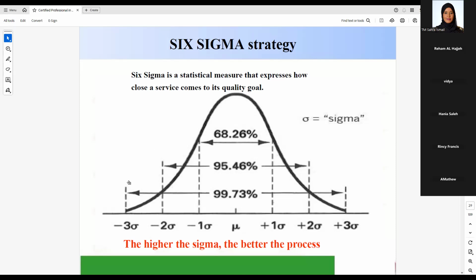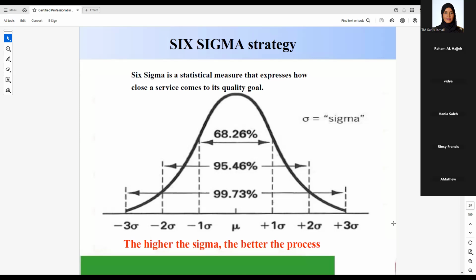Yes. This graph, again, we said Six Sigma is a statistical measure. So it uses elements from the standard deviation and stuff like that. This graph is to show when we're talking about a sigma level, this is how you can visualize it in a graph format.